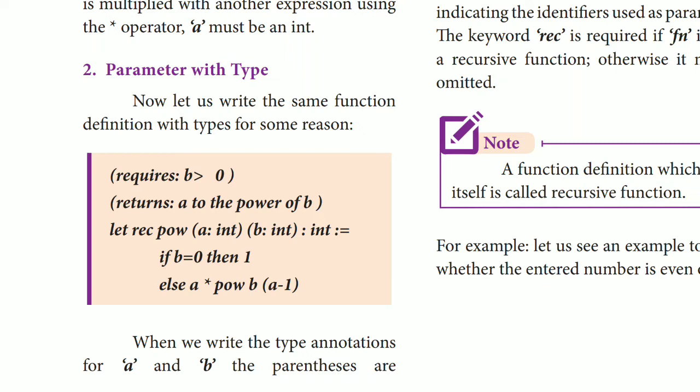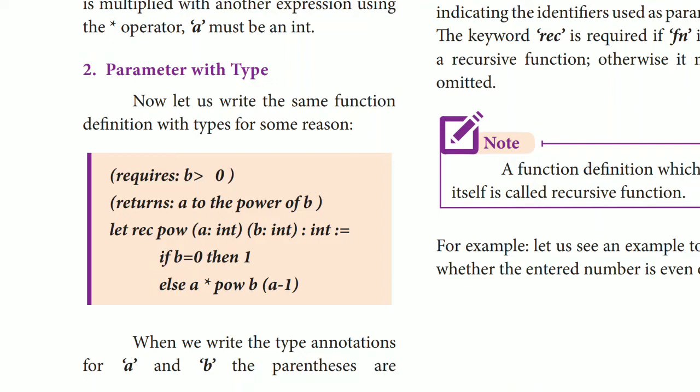Here you can see that the execution time of both these functions will be different. The function with the type, or the parameters with the type, will take less amount of time to execute.